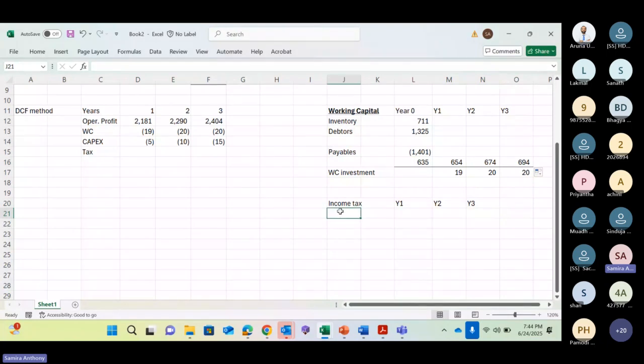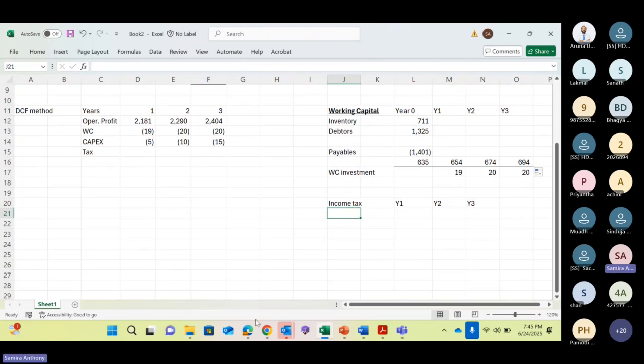Now to calculate the income tax, you need taxable profit for all 3 years. What can you do? You can take the current PNL and, using the given assumptions that revenue increases by 5% and operating profit also increases at the same rate, assuming other information remains constant, estimate accounting profit.